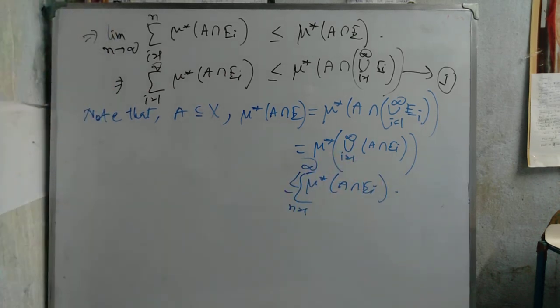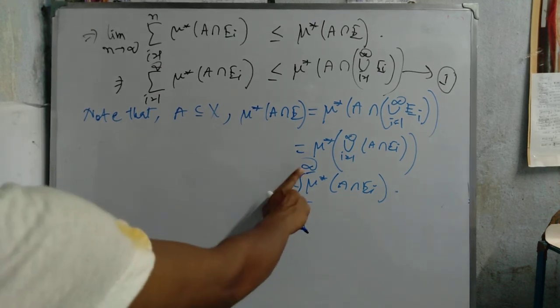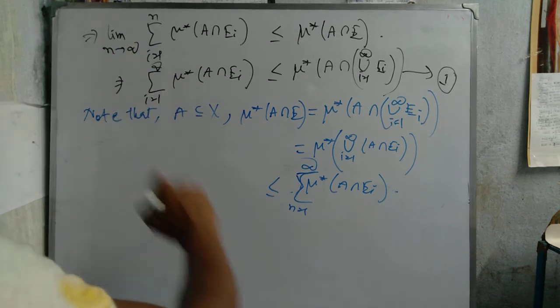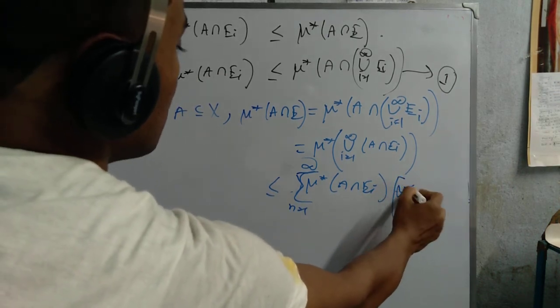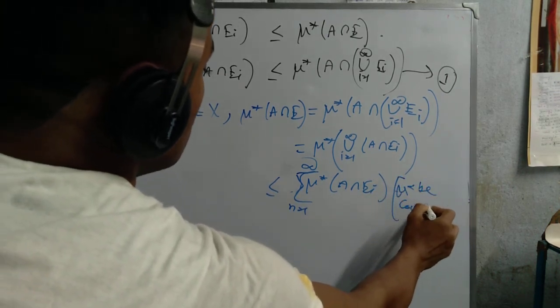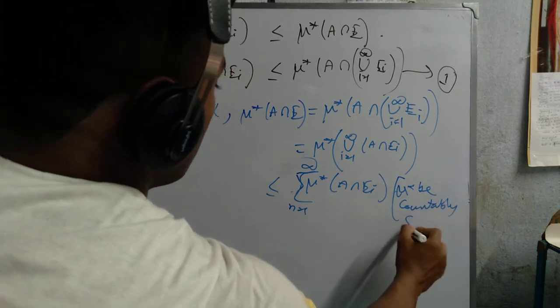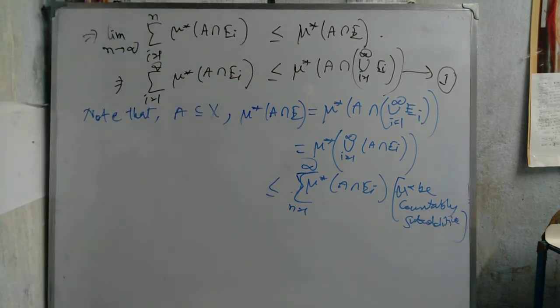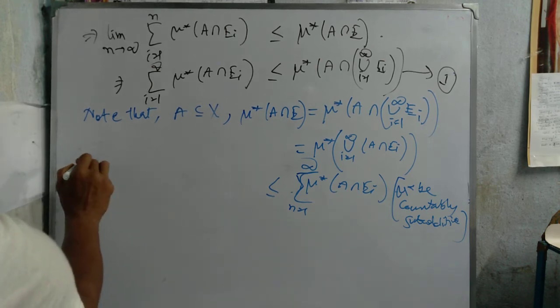What property does this one say? Obviously mu star is countably sub-additive. So write this one. Understand or not? I think you understand. Here mu star is countably sub-additive. Yes or no? I think yes. So what do we get from here?